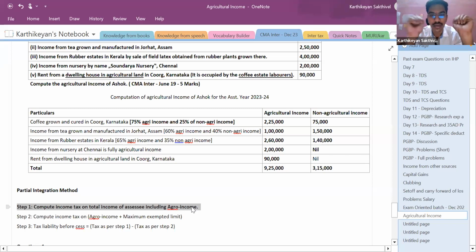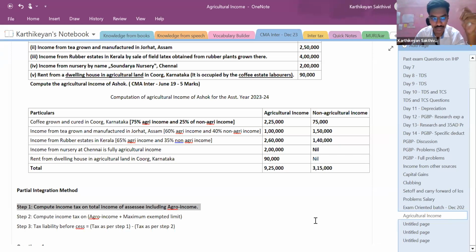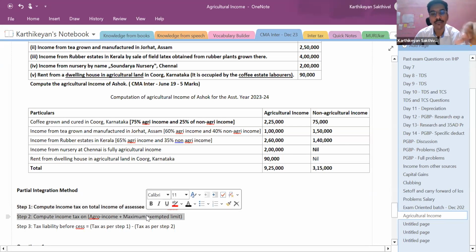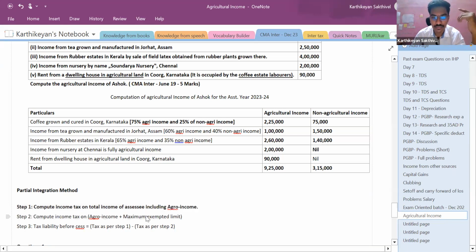Add both and compute the tax first. Second, compute the tax on the agricultural income plus the basic exemption limit. Add these two and find a tax. So after finding that, you reduce step 2 from step 1.